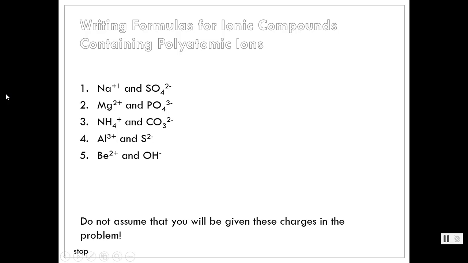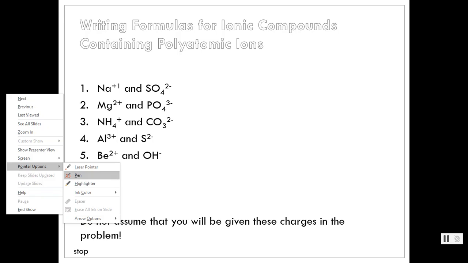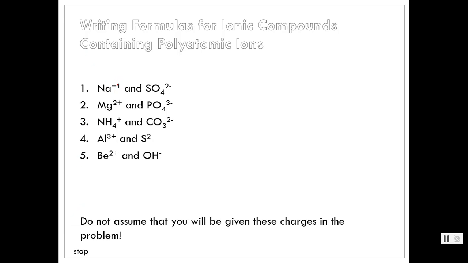Let's say I wanted to write the balanced ionic formula for sodium, Na+1, and sulfate, SO4 2 negative. I see that sodium has a +1 charge. Sulfate is a -2 charge.